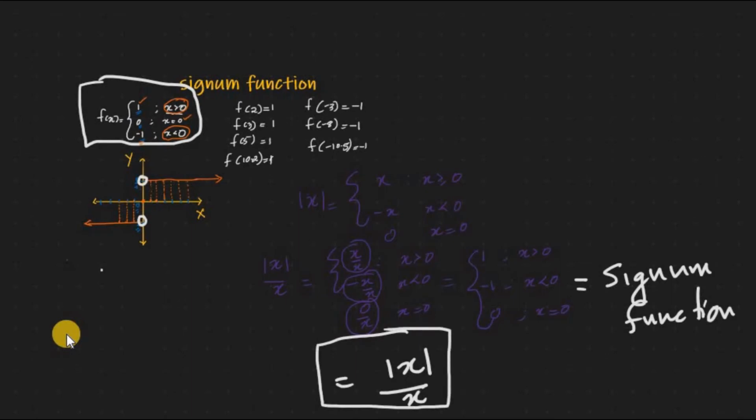Both these definitions result in this definition also. So we have the graph of the signum function like this, the definition of the signum function like this, and we even saw that the signum function can be denoted by this definition also, since mod x by x results in the same definition as that of the signum function.